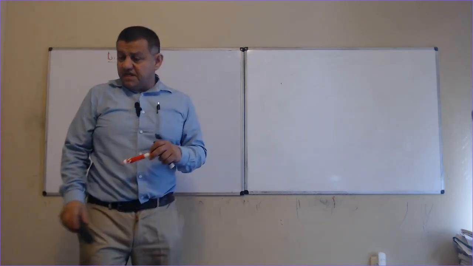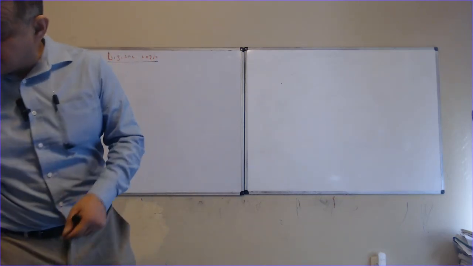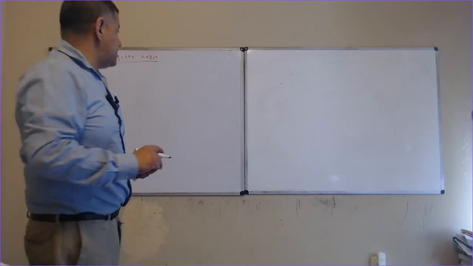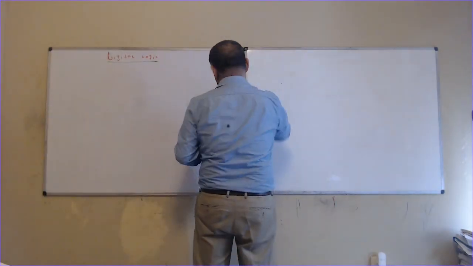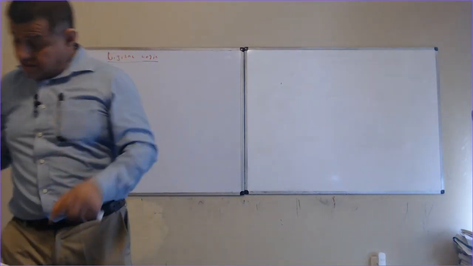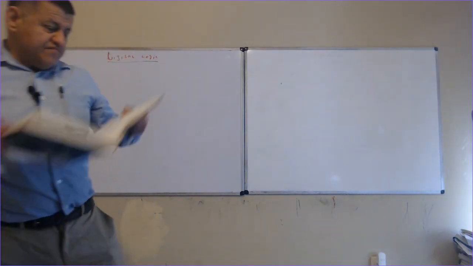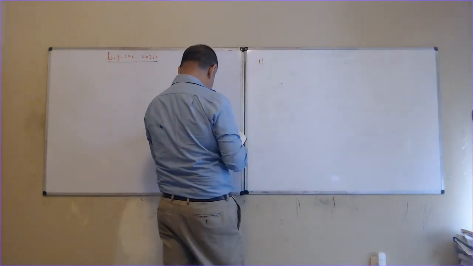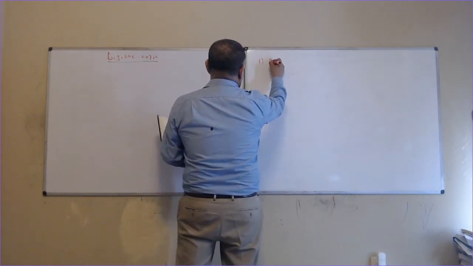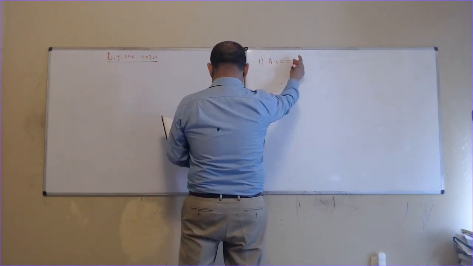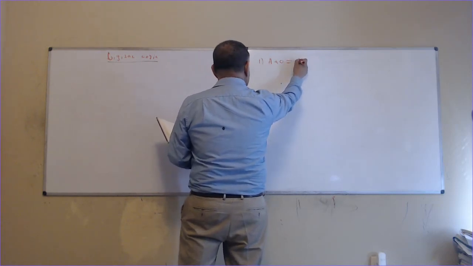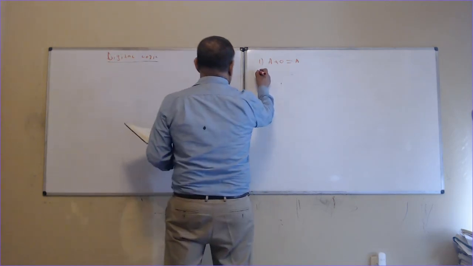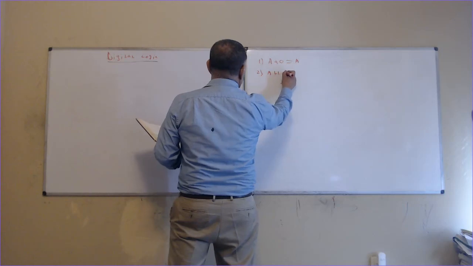So basically, in order to do that, we need to understand some rules from this Boolean algebra, and these rules are the following. Number one says that a plus zero equals a, right? And then we have number two, a plus one.